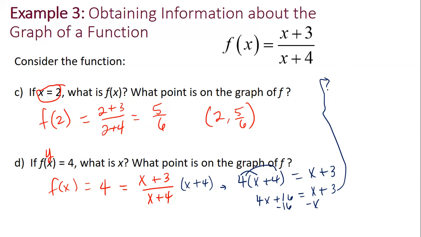So we have minus x minus 16, and we're left with 3x equals negative 13. And our last step is to divide by 3. So x equals negative 13 divided by 3.